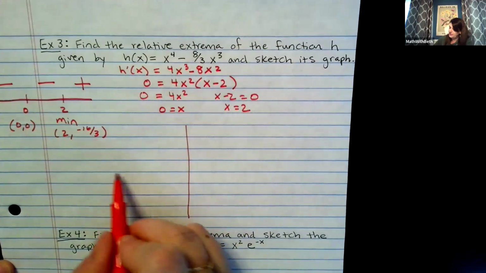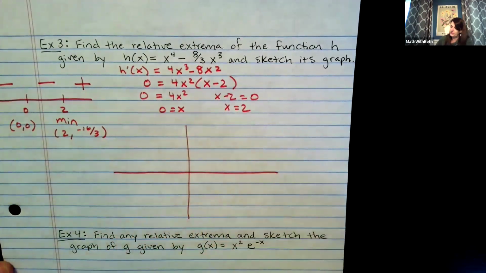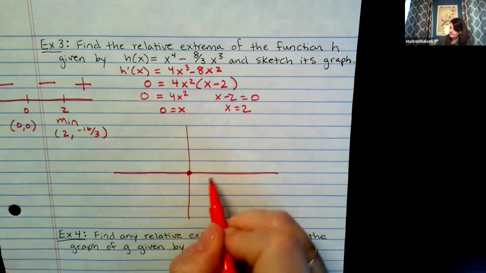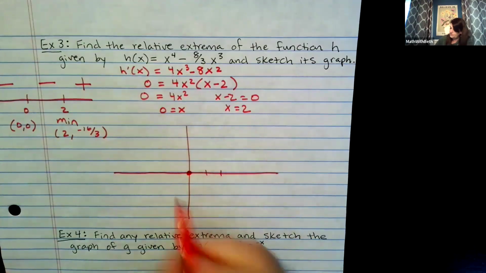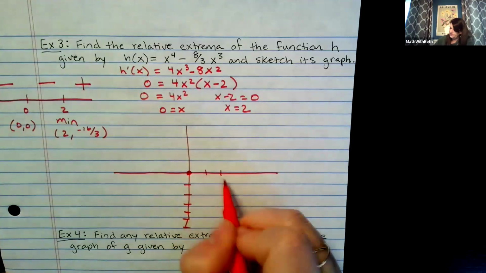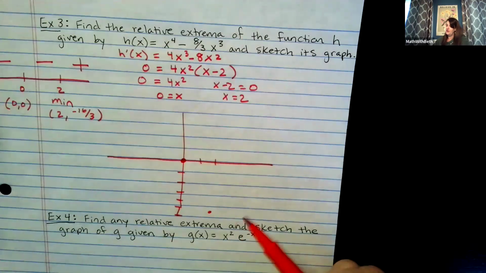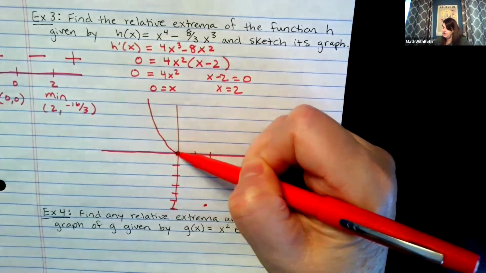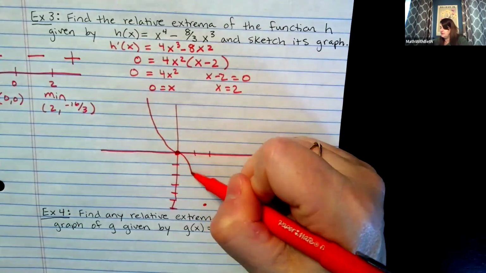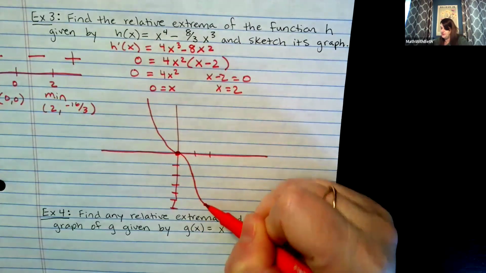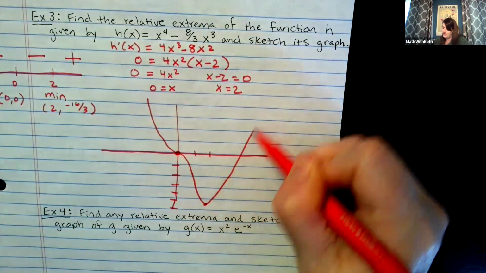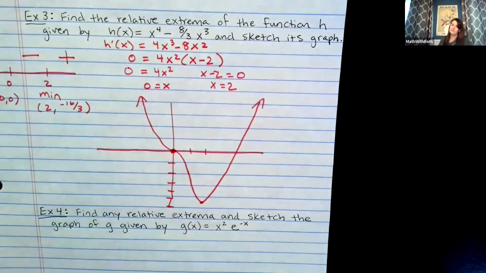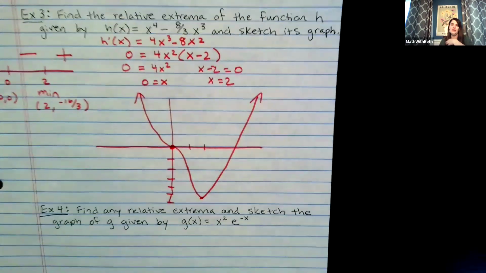So if I use that information to sketch, so we're around here. Remember, we are decreasing till here, and then still decreasing till here, and then increasing. So the graph's going to look something like that.